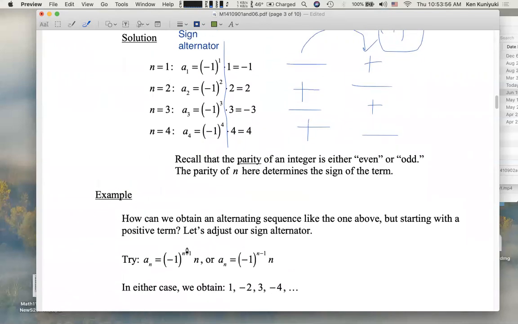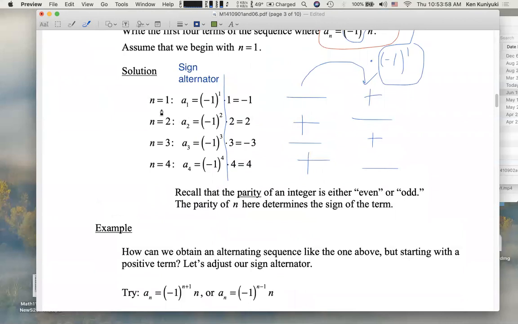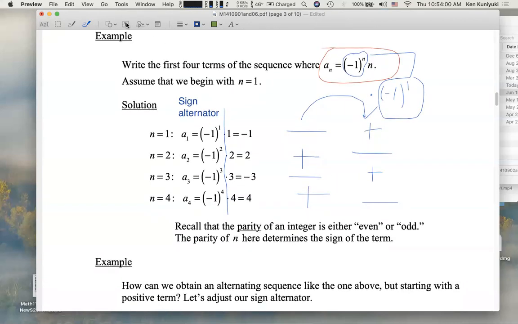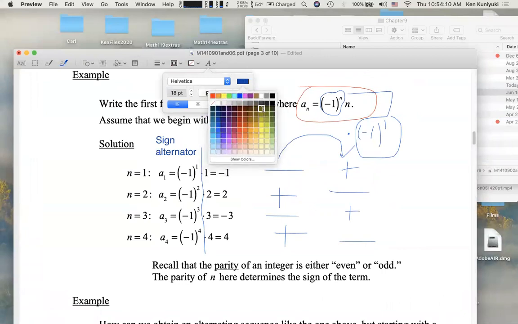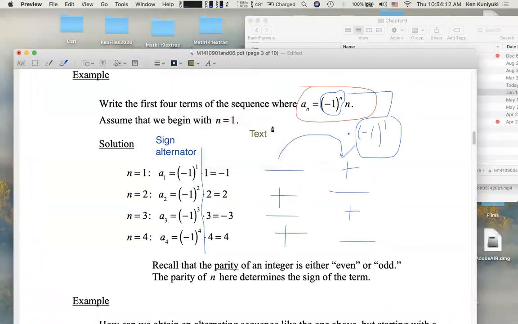So for example, when n is 1, let's see here. I'll put this in green. Here we have the signs for (-1)^n.